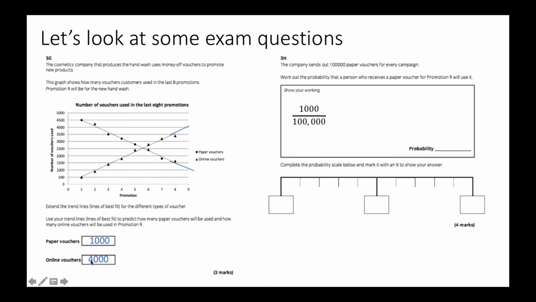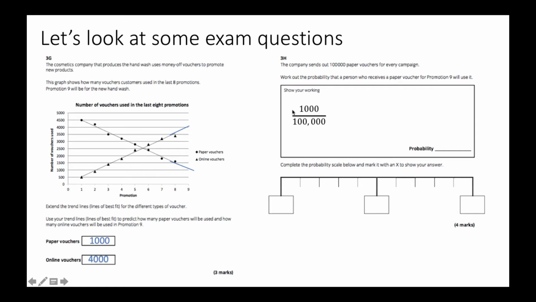Okay, 1,000 paper vouchers are going to be used. So a company sends out 100,000 paper vouchers, but according to our chart, only 1,000 people will use them. So that is 1,000 used vouchers out of 100,000 vouchers sent out in total.